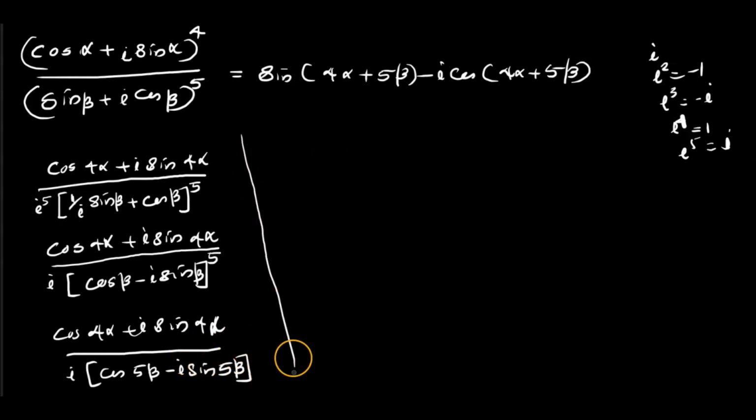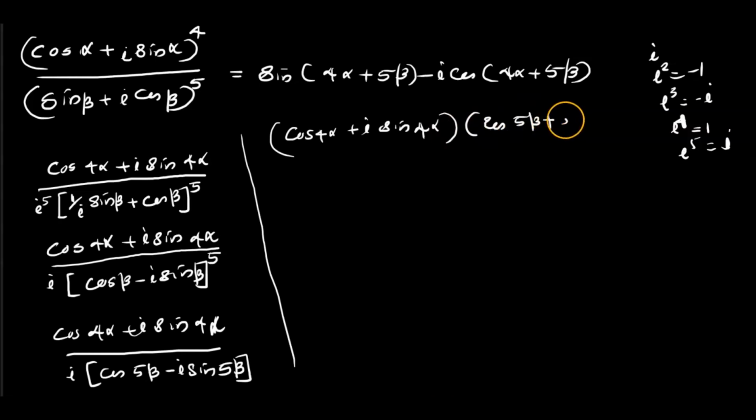So this we get multiplying the conjugate of the denominator, that is (cos 4 alpha plus i sin 4 alpha) into (cos 5 beta plus i sin 5 beta).